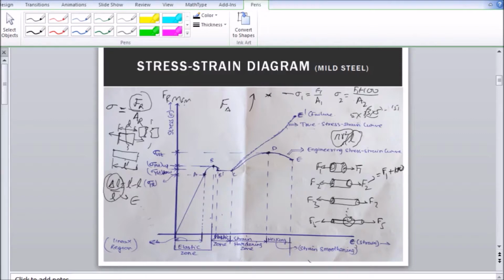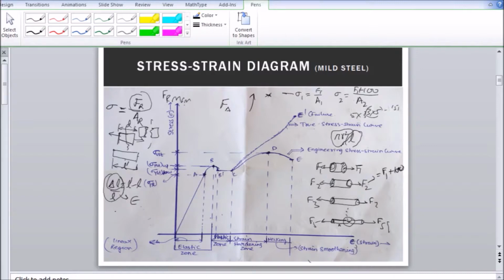Once point D is reached and we enter the necking zone, instead of requiring an increase from F5 to F6, even if we try to decrease the force very quickly, before we can do so it starts breaking by cup and cone fracture, because mild steel is a ductile material and ductile materials under tension fail by cup and cone fracture.